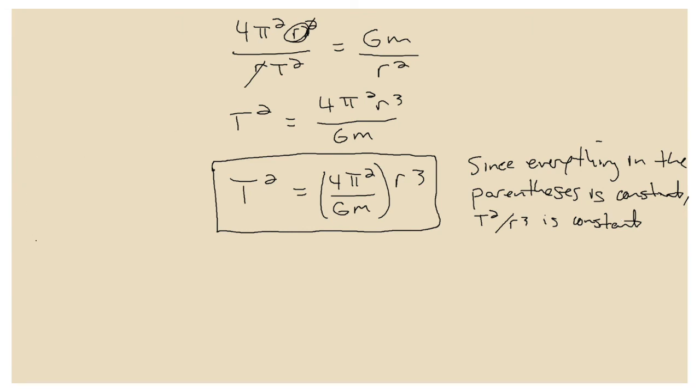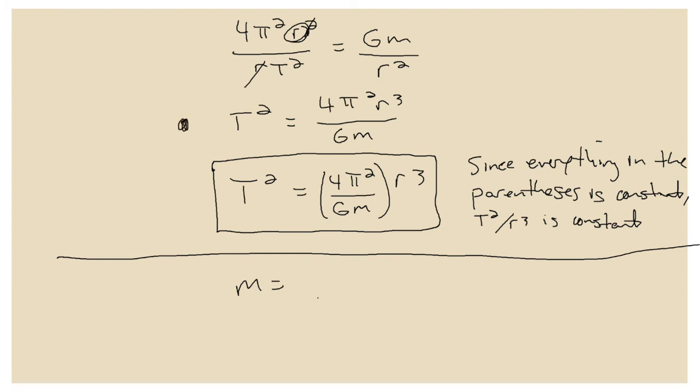Now, when we were first discussing this, we also said there's a second version of Kepler's third law that you can use to calculate the mass of any object being orbited. And notice, if we just rearrange this equation to solve for M, all we have to do is switch the location of the M and the T squared. So we get 4 pi squared r cubed over G T squared.